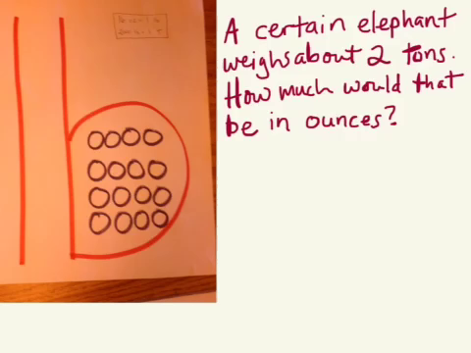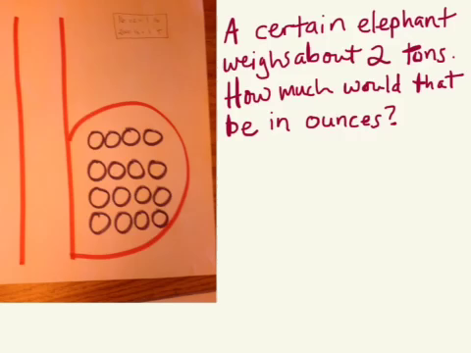Okay, so we've got a 2-step problem here, because if we look at our fast facts, we know 16 ounces in 1 pound, we know 2,000 pounds in 1 ton, but we don't have an answer for how many ounces are in 1 ton. However, with this information, we can figure it out.